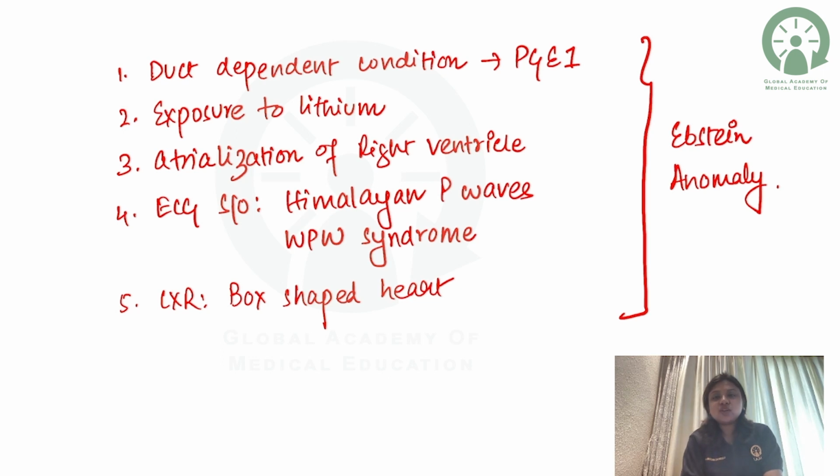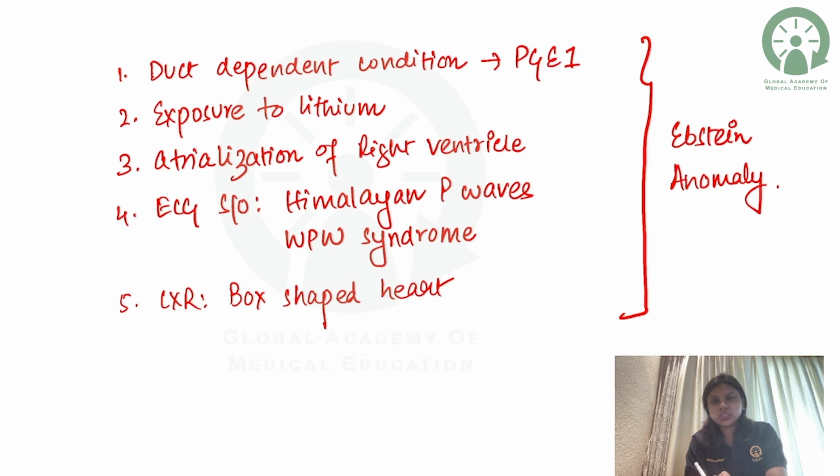So what clinical question can you expect? A mother is taking a drug during pregnancy for bipolar disorder or mood disorder or manic depressive psychosis, or a mother has a history of taking an antipsychotic drug or a mood stabilizer. What congenital heart disease can you expect in the baby? The answer will be Ebstein's anomaly. So lithium and Ebstein's anomaly. WPW syndrome is associated with which cyanotic congenital heart disease?